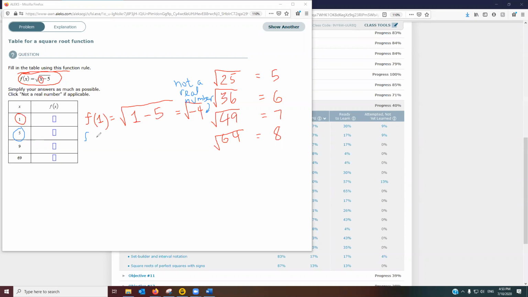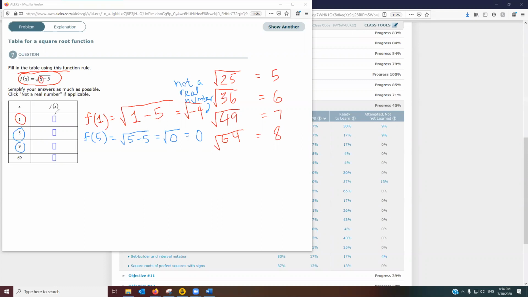All right, let's do when x is 5. This is f of 5, which is the square root of 5 minus 5, which is the square root of 0. It turns out this answer is 0. You can take the square root of 0, because that's asking what number times itself equals 0, and the answer is 0, because 0 times 0 equals 0.